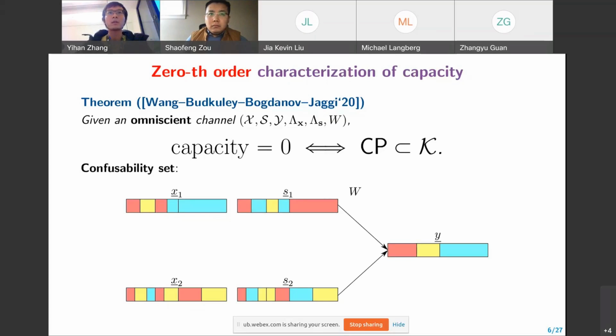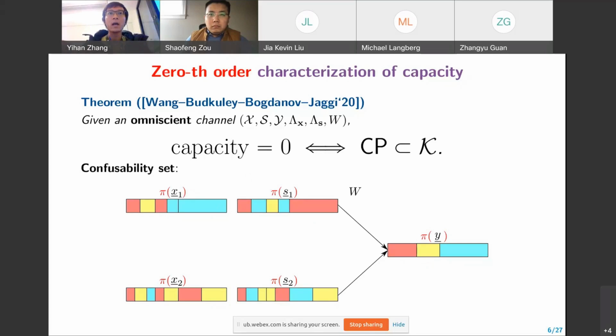So this is a bad situation, and it's actually not hard to see that a code is good if and only if there's no pair that is confusable. Now, note that this notion is permutation invariant just because the channel acts on each component of X and S independently. So if I apply a permutation, confusable remains confusable, not confusable remains not. So I can, without loss of generality, just look at their type.